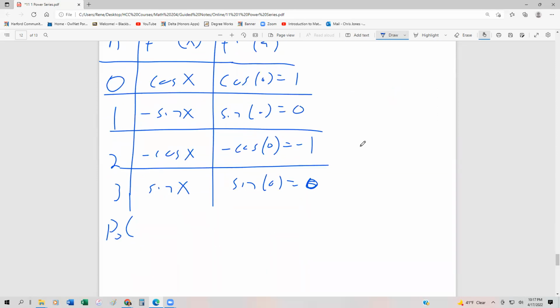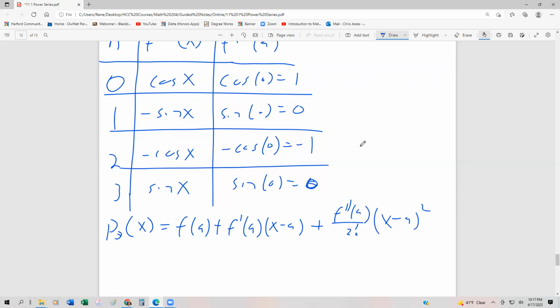Now, P3 of x, remember our formula. It's going to be f at a plus f prime at a times x minus a, plus f double prime at a divided by 2 factorial times x minus a squared. And then finally, plus f triple prime, the third derivative at a, divided by 3 factorial times x minus a cubed.